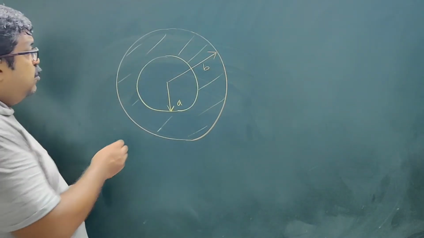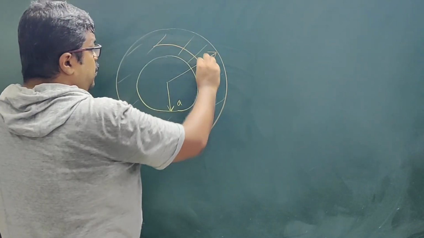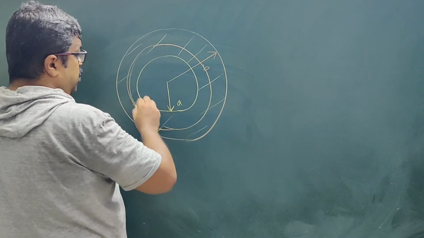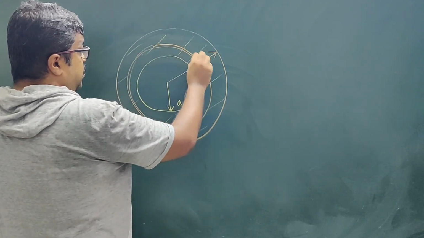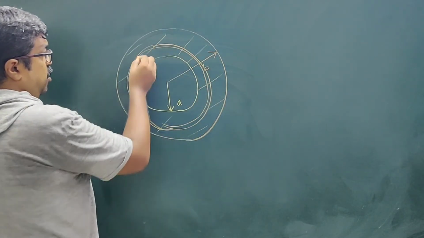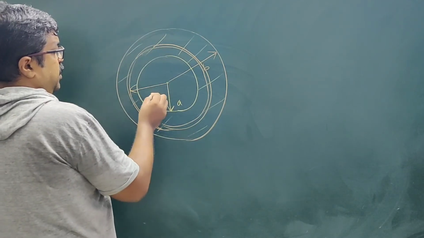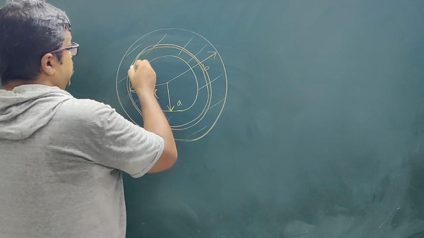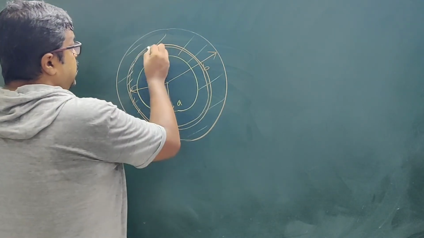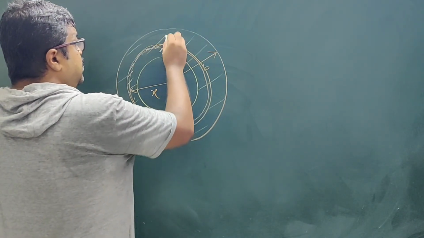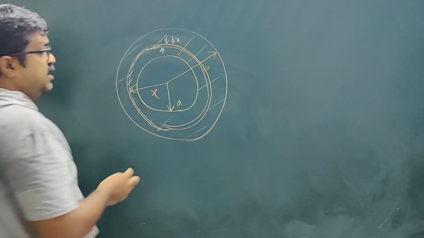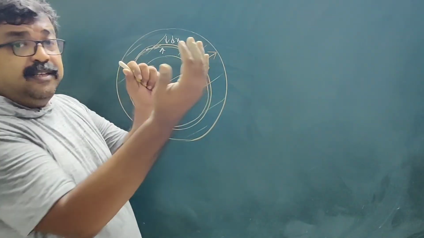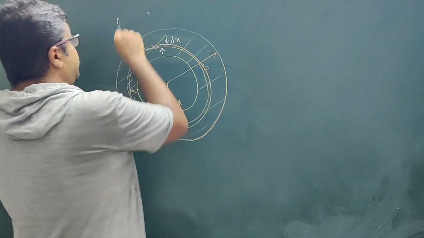So now what we will do, we will consider one strip of radius x. This strip has thickness dx and radius x, and L is the length of the cylinder.